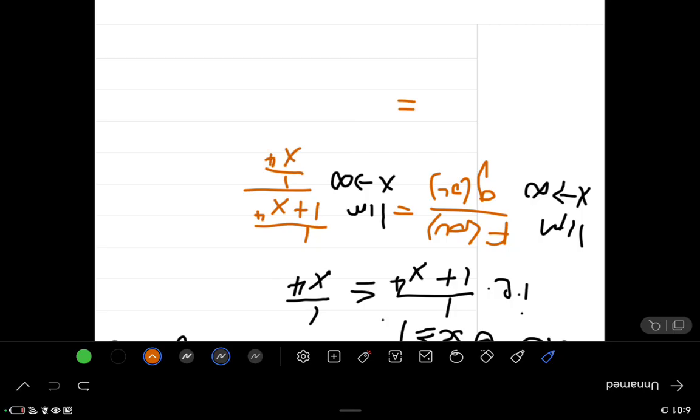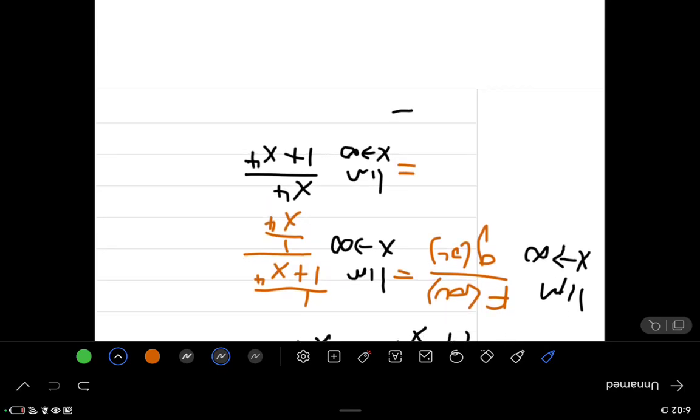This will be equal to the limit as x approaches infinity of x to the 4 over 1 plus x to the 4. So if I factor out x to the 4, I'll get 1 over x to the 4 plus 1.